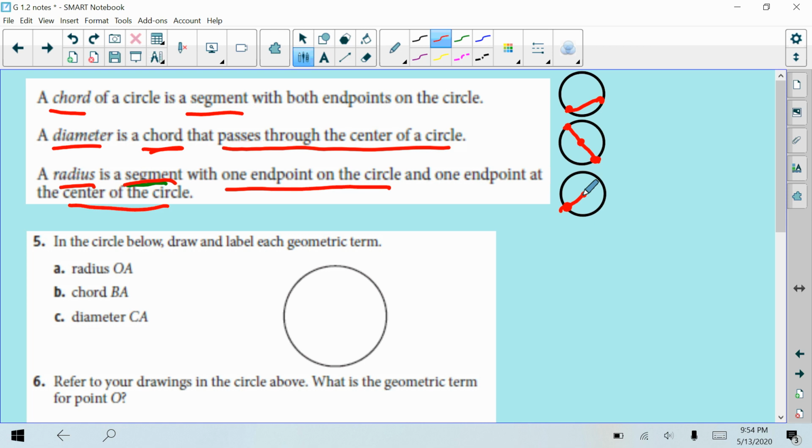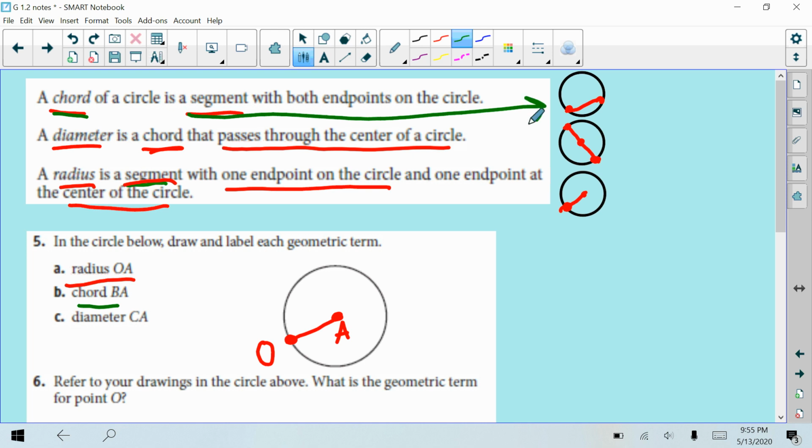5. In the figure below, draw and label each geometric term. Radius OA. So a radius is 1 point on the circle, 1 point at the center. Let's label that OA. Letter B, chord BA. Now a chord has to have 2 endpoints on the circle.